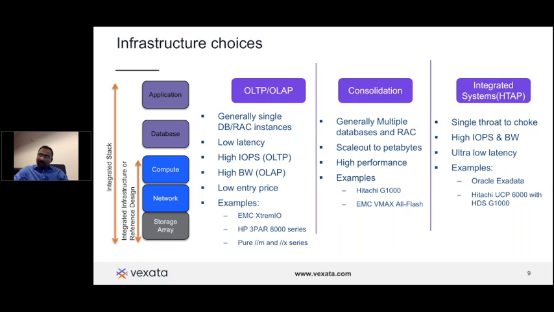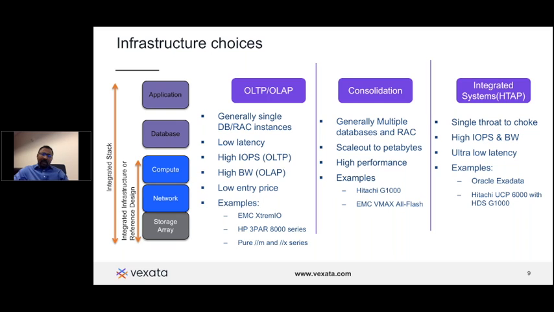There are the single instance databases, maybe what we have seen as 20, 30 terabytes of Oracle. What the customers need is to deploy a single database, and they want ultra low latency out of it, and they want the entry level storage cost to be as low as possible. There are a variety of choices for them.